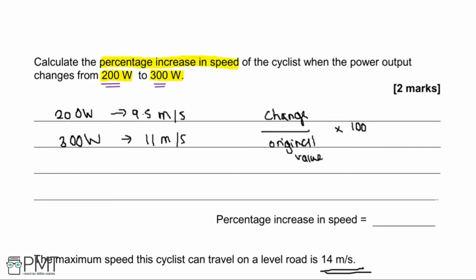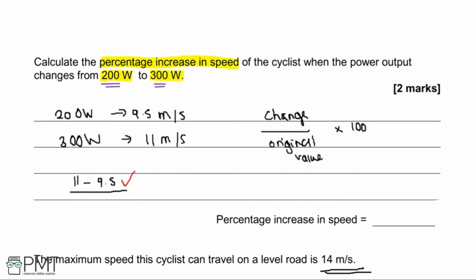So we get the first mark from working out the change in speed, and we do that by doing 11 minus 9.5. This calculation, working out that change, is our first mark.